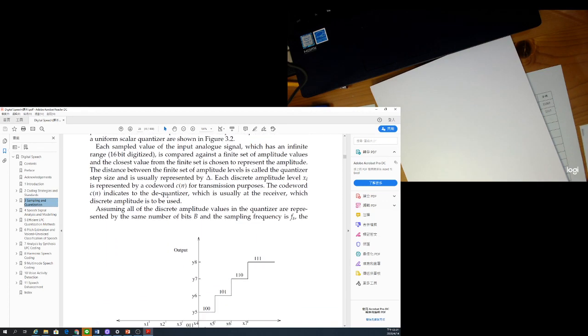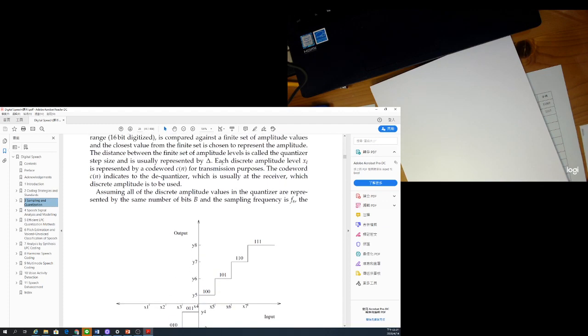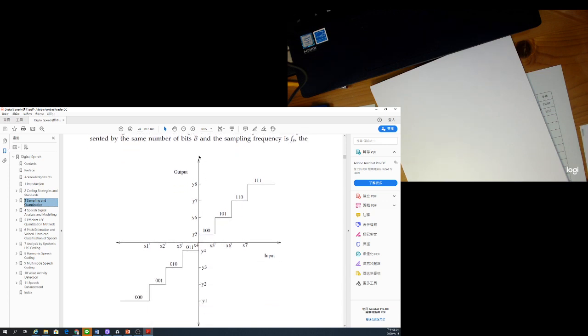So the first issue is scalar quantization. You have to know delta is the quantization step. Here y is the output, x is your input data, and then you do the quantization. So y1 is a quantization level. S is continuous, the data is continuous.